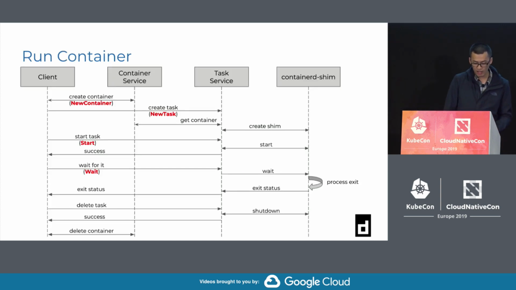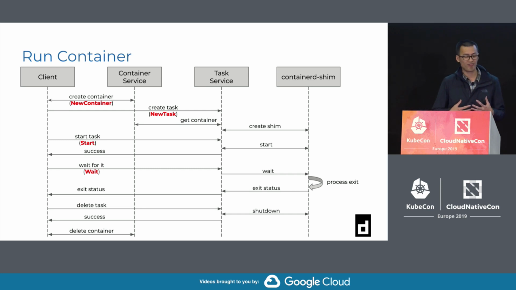And besides this, the containerd client also provides an API set to control a container. For example, if you want to run a container, you can call the new container API first. This API will touch the container service.